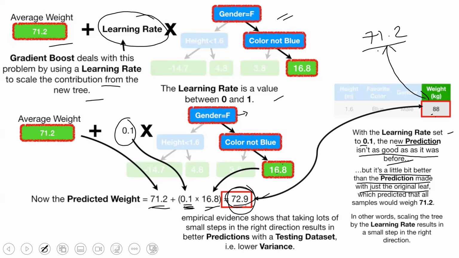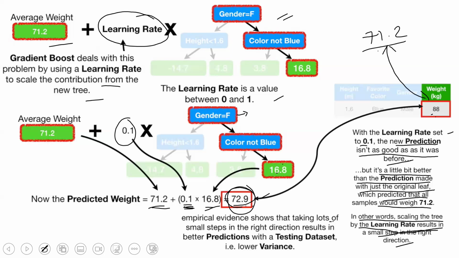So we are making a better prediction than the original leaf, which predicted that the sample weight would be 71.2. In other words, scaling the tree by the learning rate results in smaller steps in the right direction. So the learning rate avoids overfitting and moves in smaller steps in the right direction.